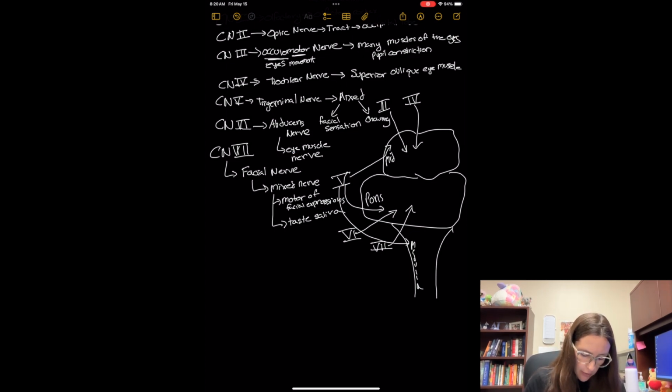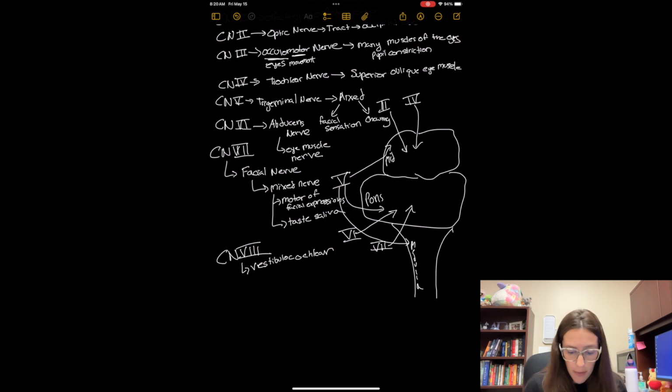Moving on to cranial nerve 8. Cranial nerve 8 is referred to as the vestibulocochlear nerve. And it's going to have a combination of two functions, hearing and balance, right?